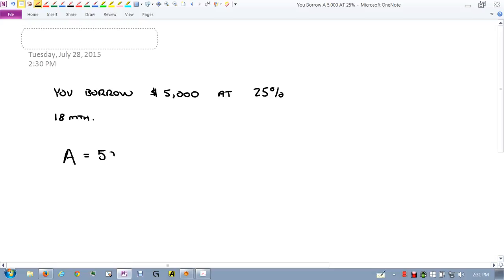It's 5,000 e to the, okay, what's R for us? 0.25, and what's T? Be careful with T. 18 months, it's measured in years though. 1.5.